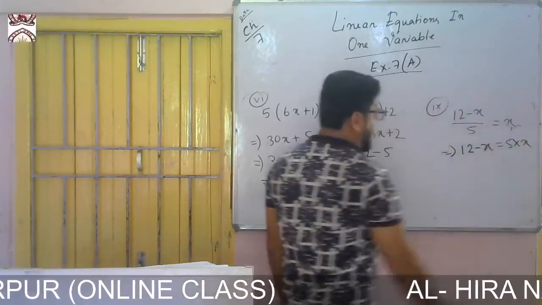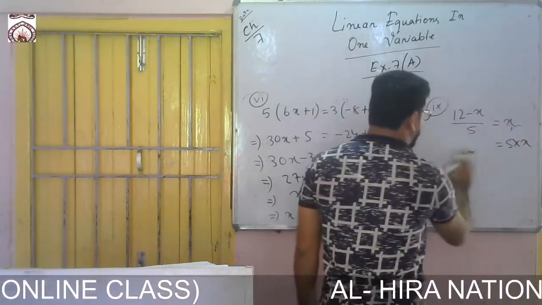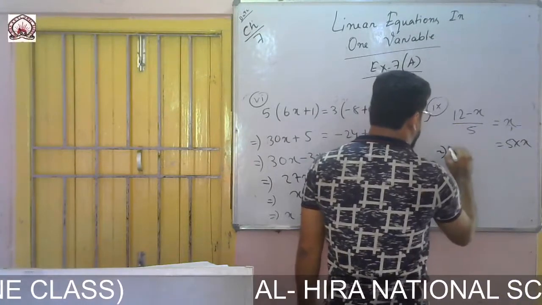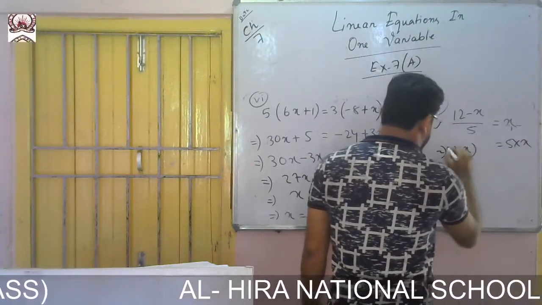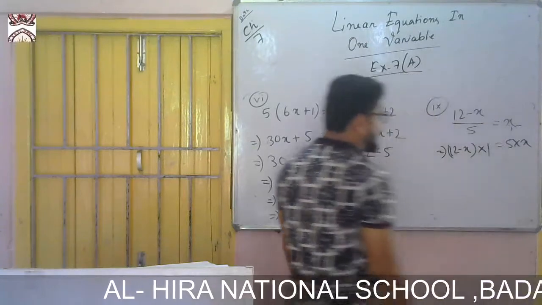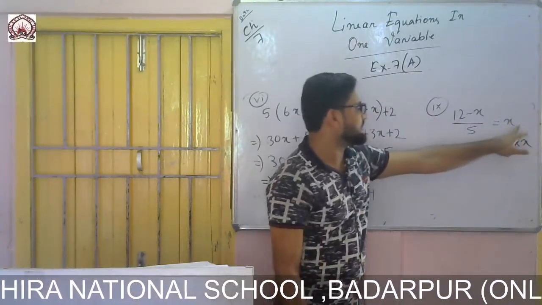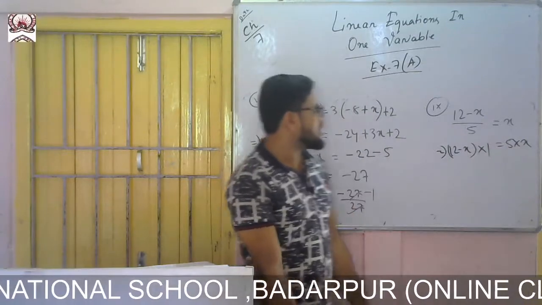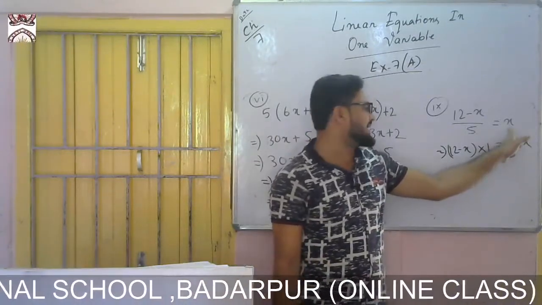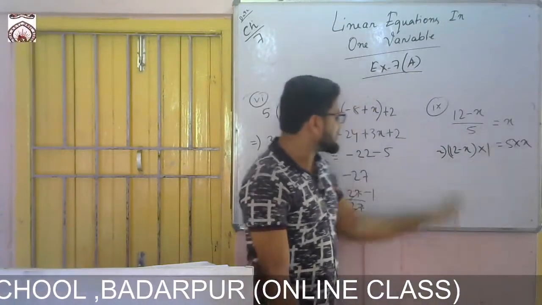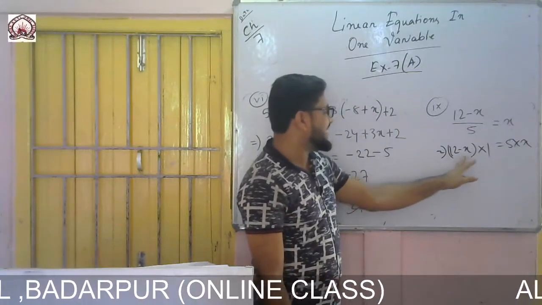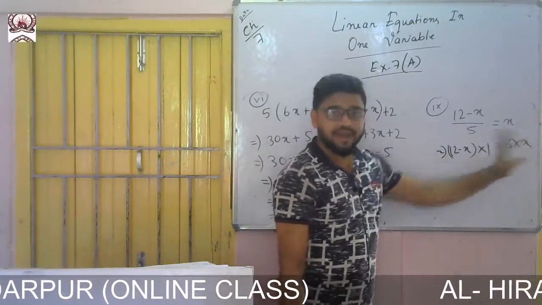So one time I write so that you can understand: 12 minus x into 1, with this one I have multiplied. Take in your mind that 1 is there. So 12 minus x into 1, 5 into x.